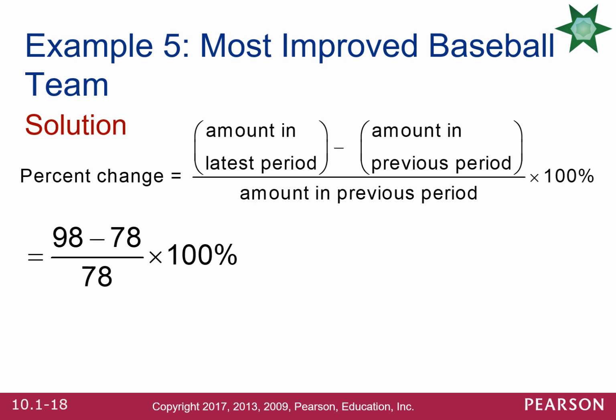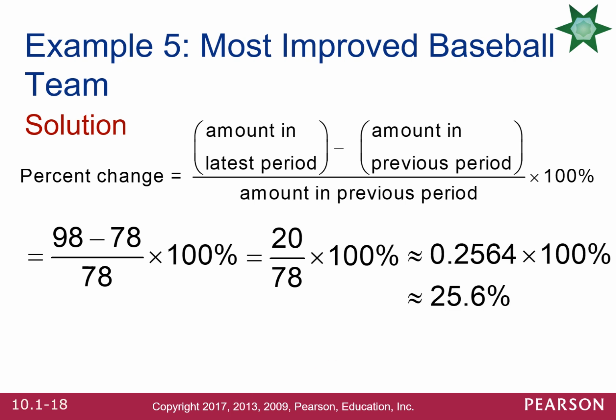When you do this calculation, 98 minus 78 is 20, right? So 20 divided by 78 gives us 0.2564. You have to multiply that by 100 to get a value of 25.6%.